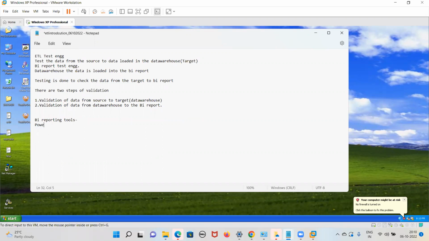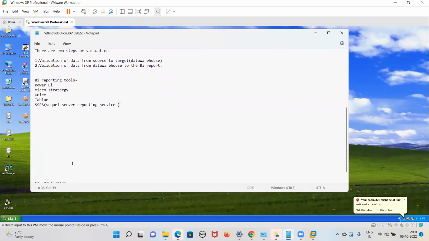There is something called as Power BI, MicroStrategy, then OBI, then Tableau, then SSRS, SQL Server Reporting Services. Guys, these are the BI reporting tools.